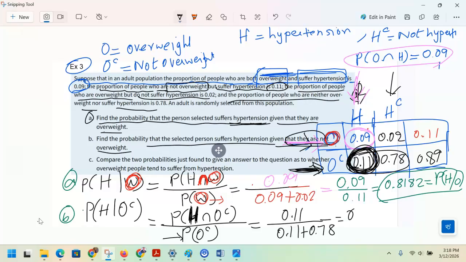So this will be 0.11 divided by 0.89, and if you use the calculator you get 0.1236. Round it to 4 places, and this is the probability of hypertension given not overweight. So we can easily compare which one is more.